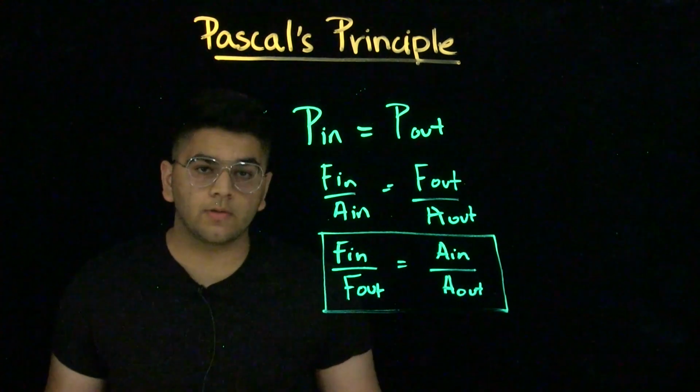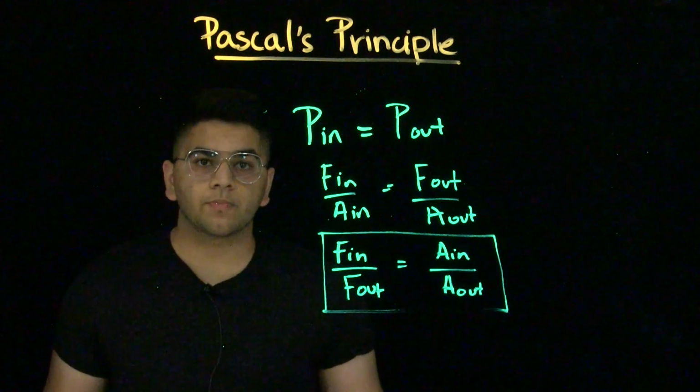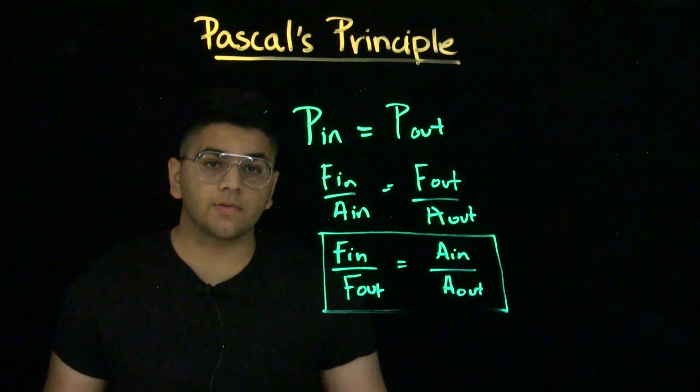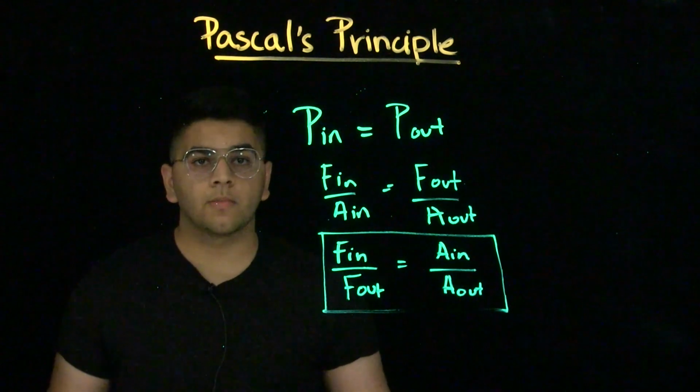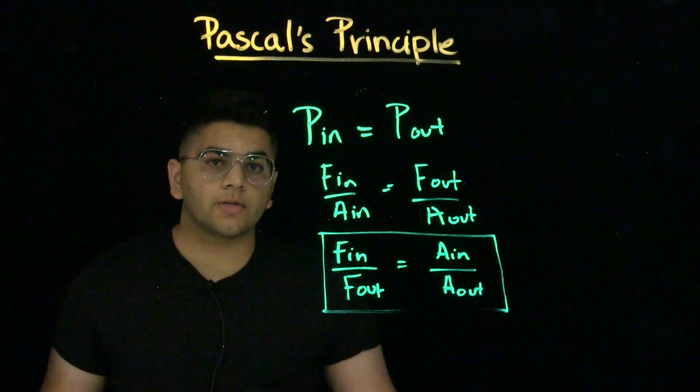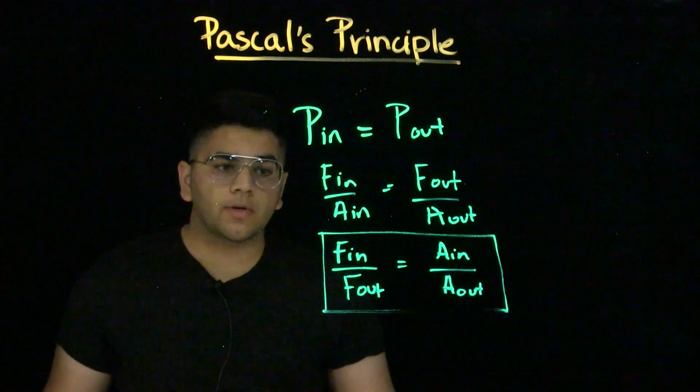And this is the important conclusion that we derive from Pascal's principle. This is an important relation we use in fluids to apply to machinery. The ratio of the forces will equal the ratio of the areas.